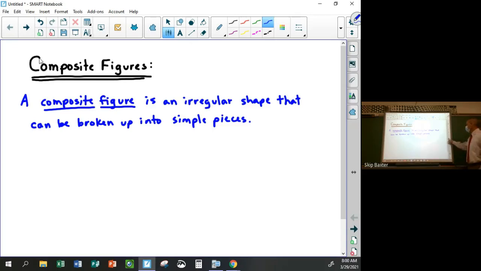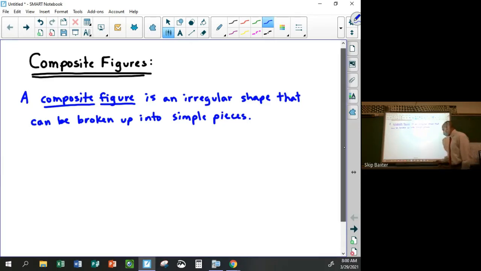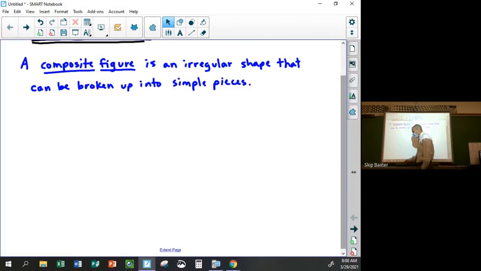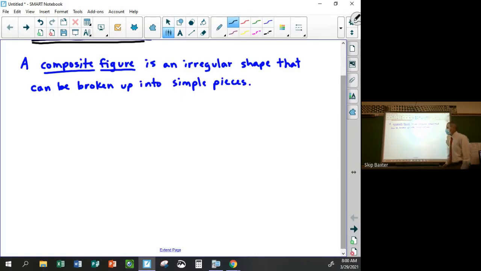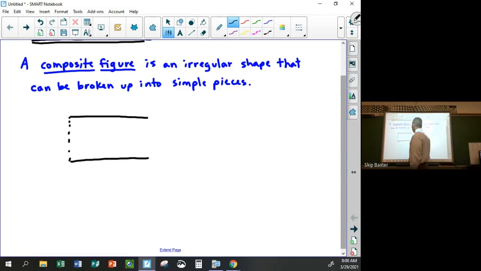Okay, so like for example, suppose we wanted to calculate the area of the grassy part in the middle of the track or something like that, right? Like if you think about what that irregular shape is, it's really just a rectangle with two semicircles attached at the ends, right? So this is really the shape of a track.